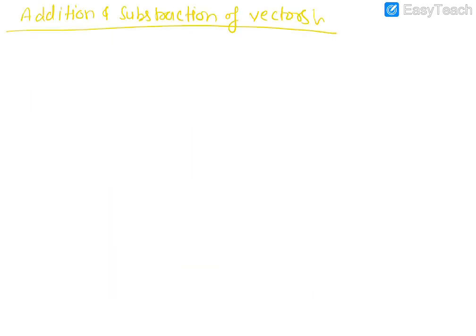The next part is the addition and subtraction of vectors. Suppose we have two vectors, a vector and b vector, a1 i cap plus a2 j cap plus a3 k cap, and b1 i cap plus b2 j cap plus b3 k cap.